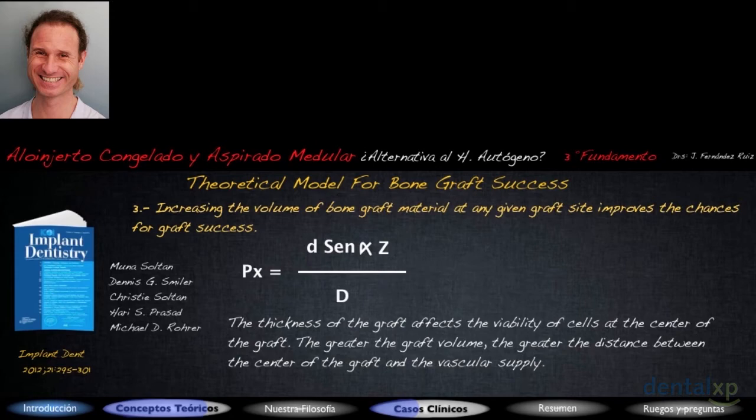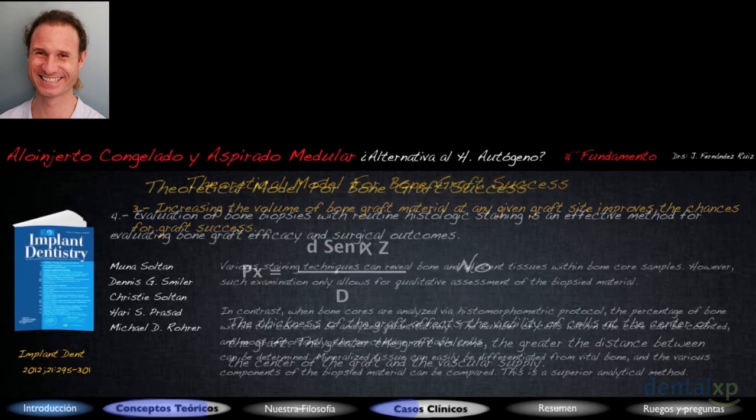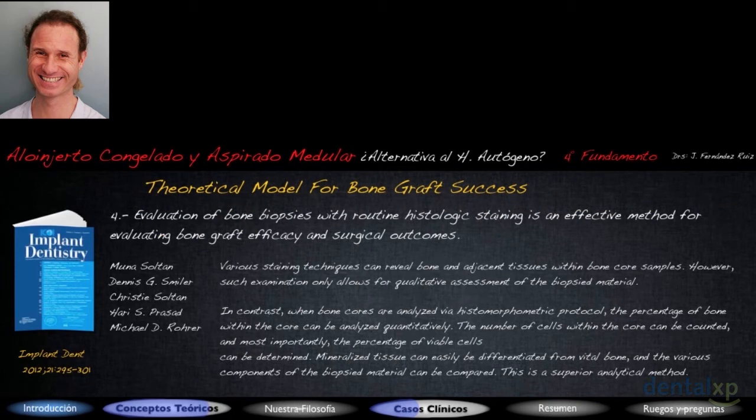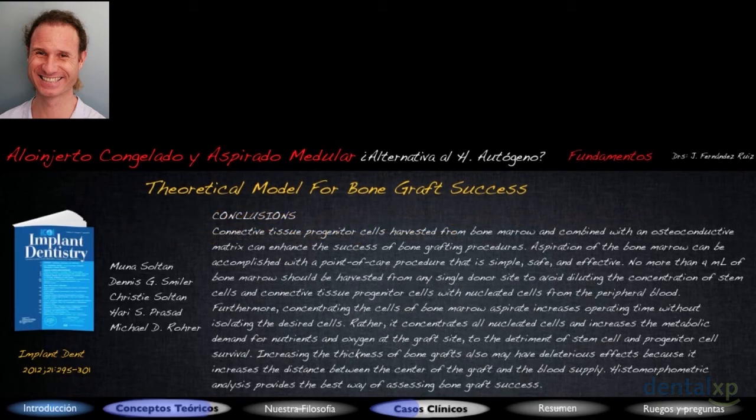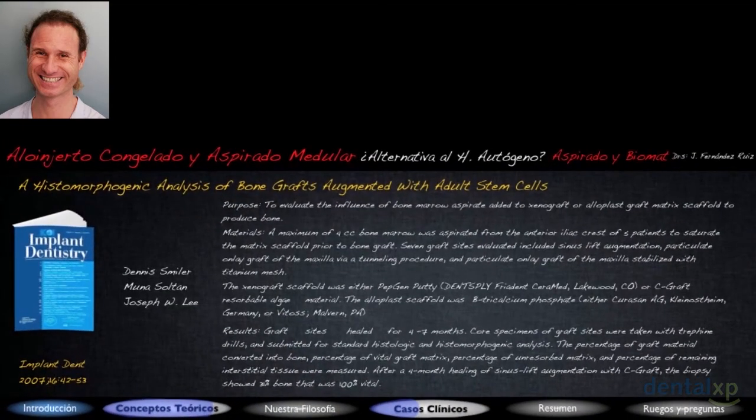And they conclude that when they analyze the behavior of this technique with different scenarios and different materials, and they compare the aspiration technique of the bone marrow with alloplastic material, they find that the utilization of the bone marrow aspiration will increase the capacity of regeneration of the allogenic bone graft.